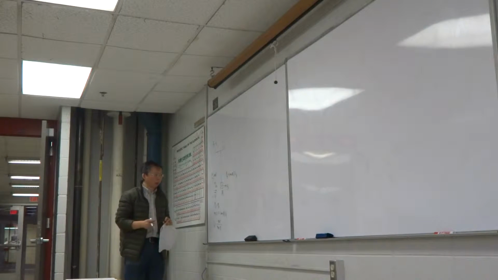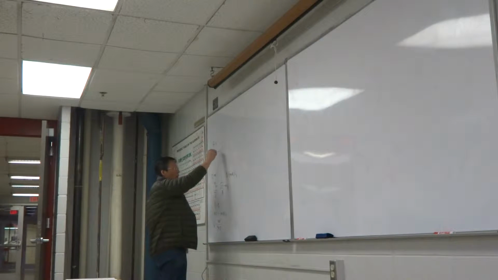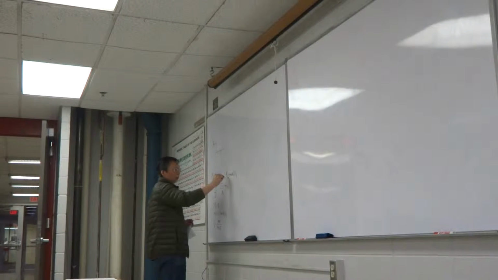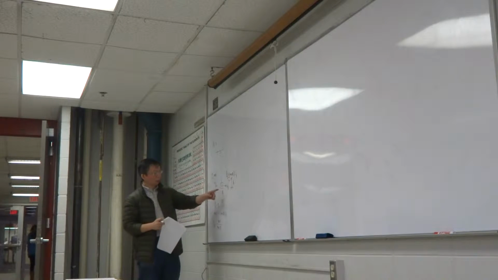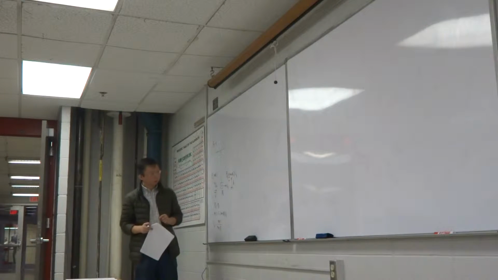Then the second part, the second process: the two objects together swing up to this position. The maximum height from the lowest point to the maximum height is h.